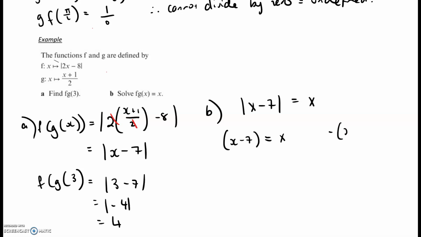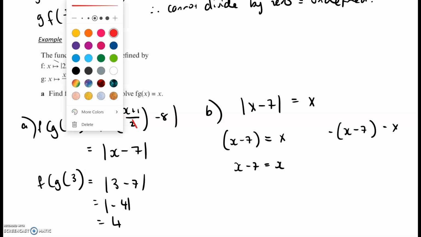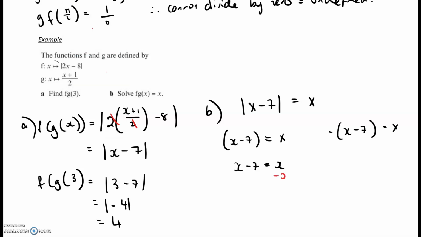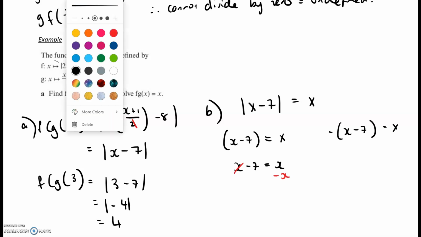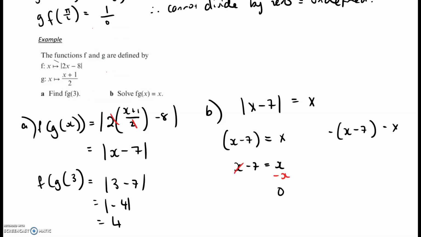If we subtract the x from that side, we end up with 0 is equal to negative 7, which cannot be true. So that means there's no solution there.